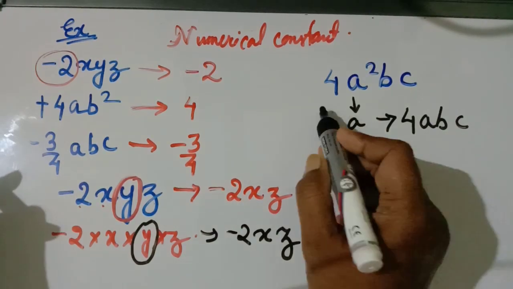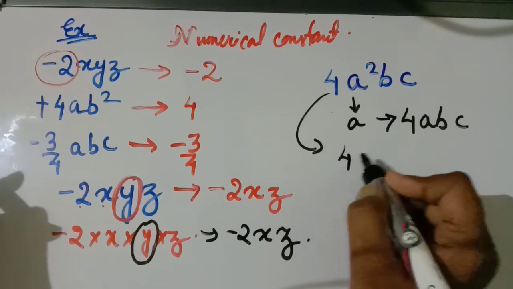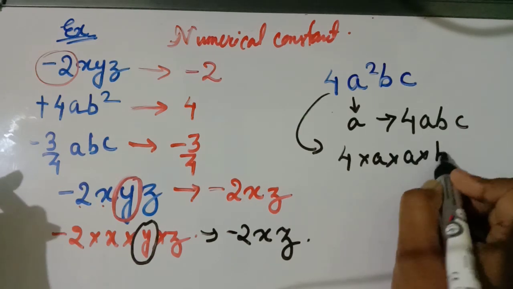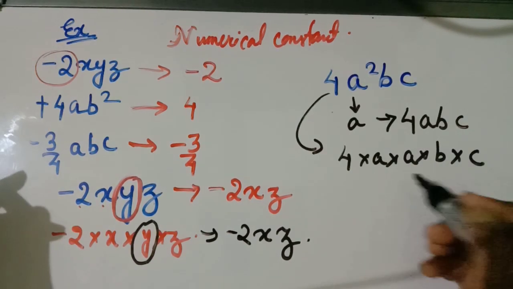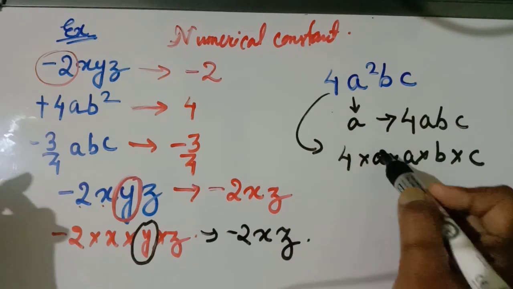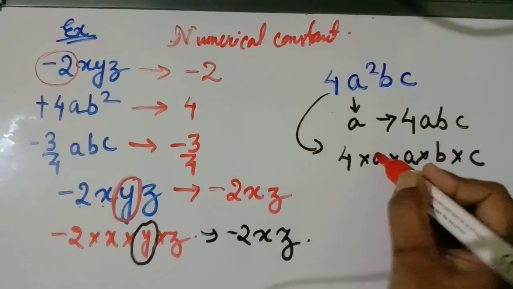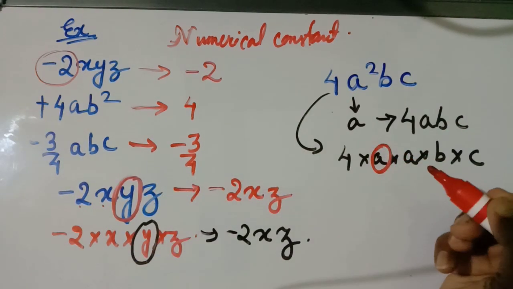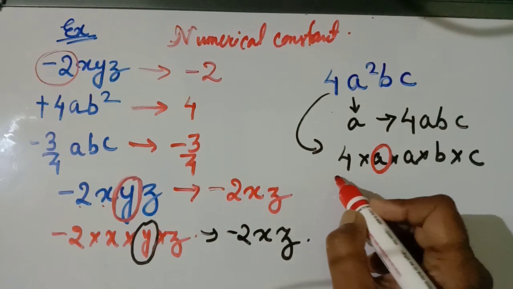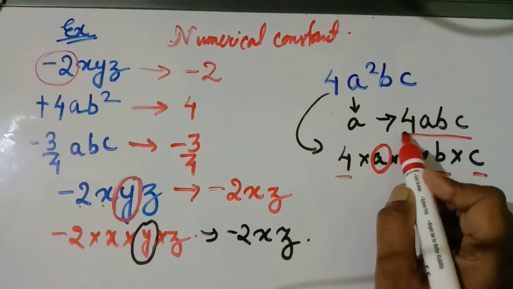First you have to write how this term is formed. This term is formed by 4 into a into b into c. I am asking about only one a. Who are the coefficient? Rest of the members you have to tell. So, 4abc. This is the answer.